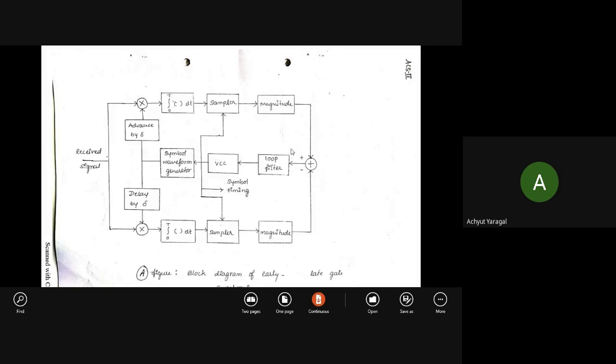That voltage v of t is passed to the voltage controlled oscillator, which is given as input to the symbol waveform generator.